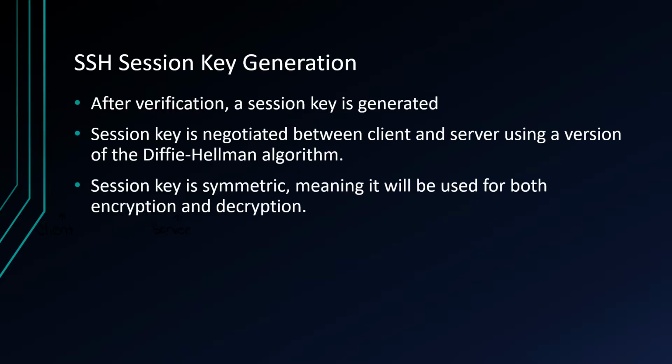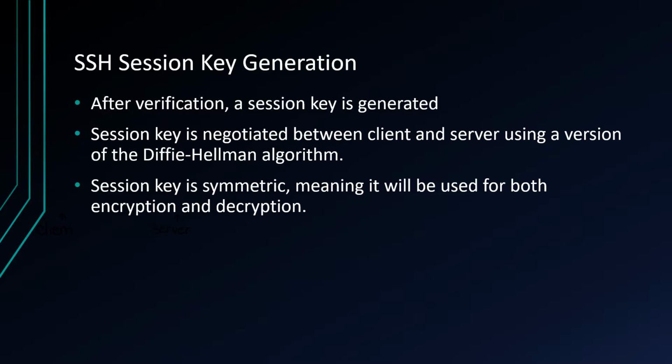The next step in creating an SSH connection is generation of the session key. This is done after the server has been verified, and it's done by both parties negotiating a session key, and they use a version of what's called the Diffie-Hellman algorithm to generate the key.